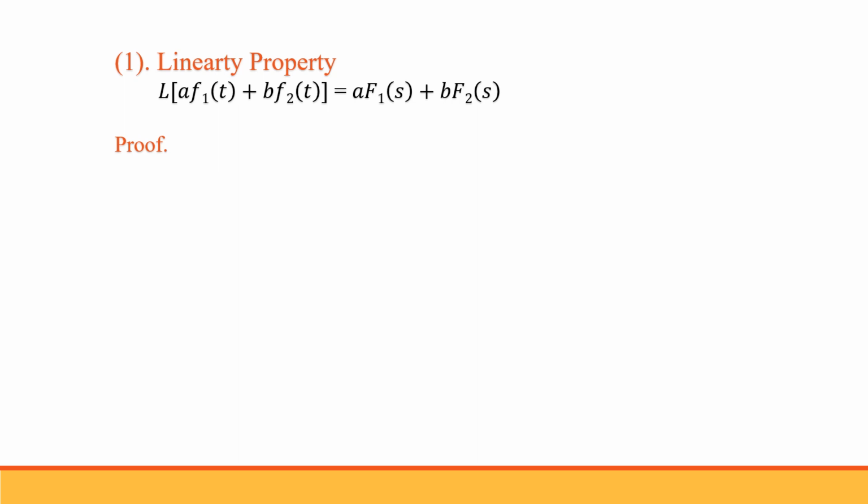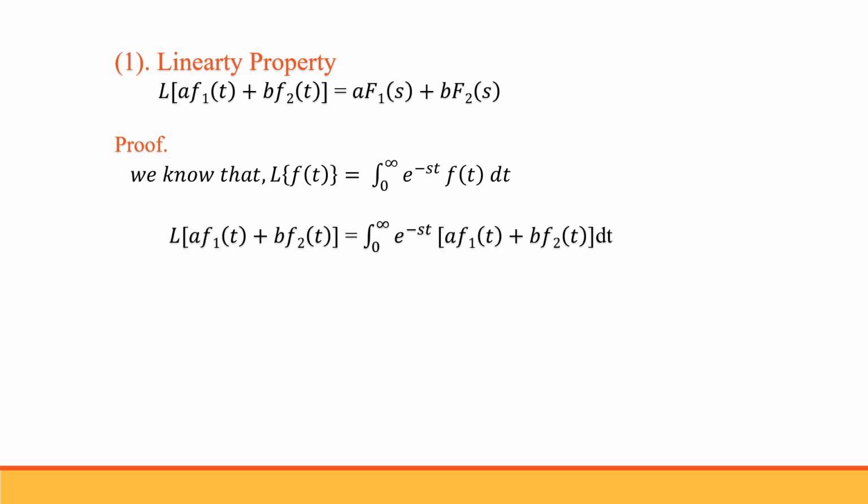So now take the proof. Proof is simple. Apply the Laplace transform to a f1(t) plus b f2(t), which is equal to integral 0 to infinity e raised to the power minus st in bracket a f1(t) plus b f2(t) dt.